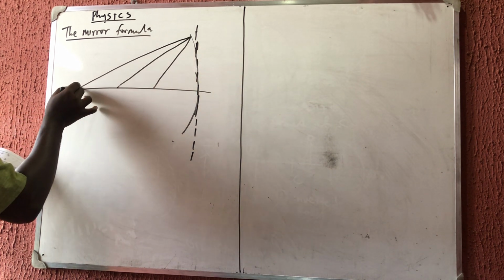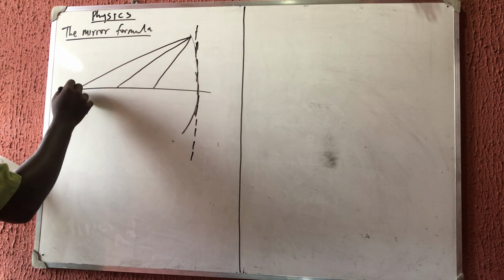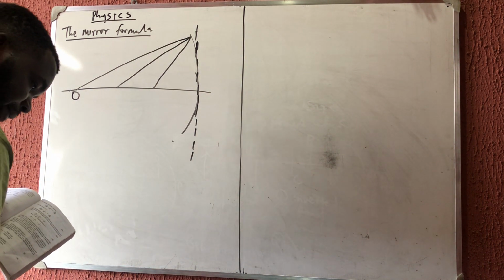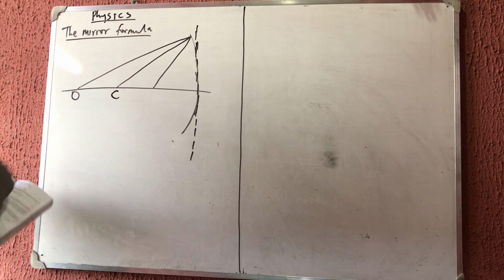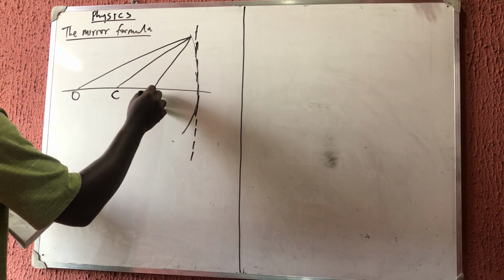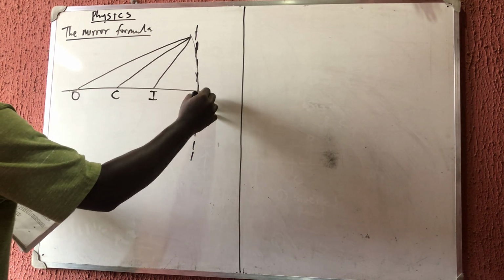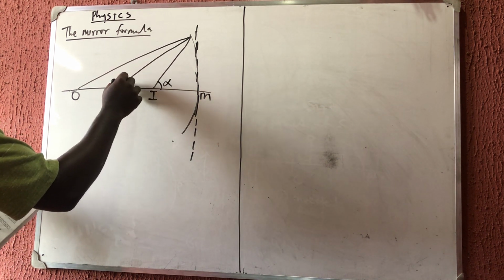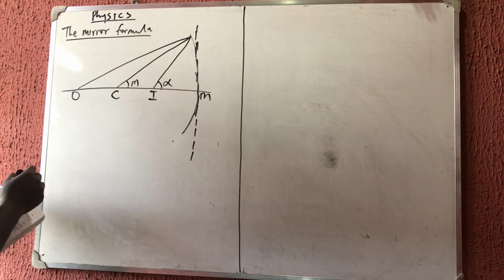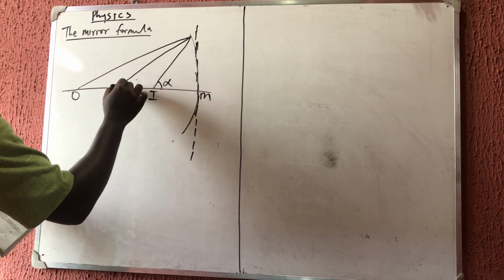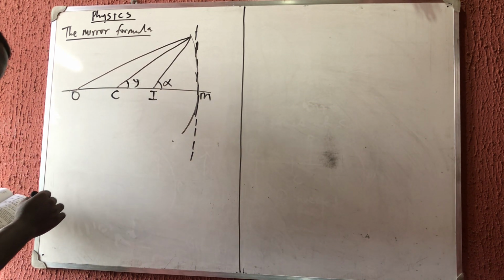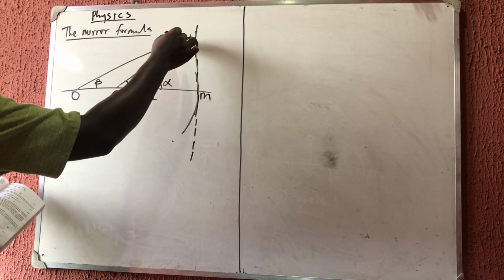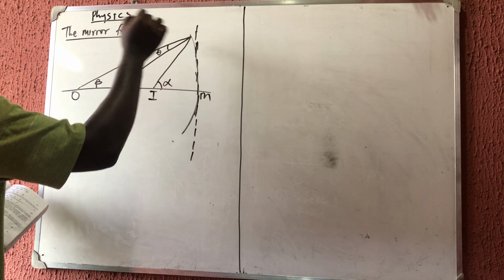Drawing is not easy. So this is my O, and this is my C, and this is my I. This is my M, according to what they are drawing, and this is my alpha. This is my Y. And this is my beta, and this is my theta, and they say that this is another theta.